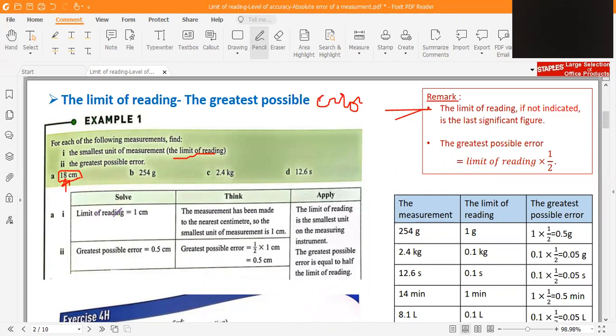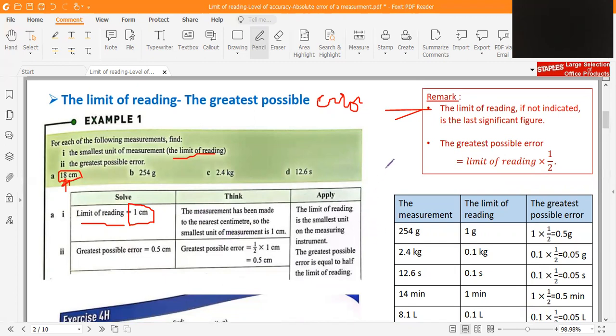So the limit of reading is 1 centimeter. It corresponds to the digit where the last significant figure is located. So the limit of reading here for the example 18 centimeter is 1 centimeter, defined by the smallest unit of measurement.